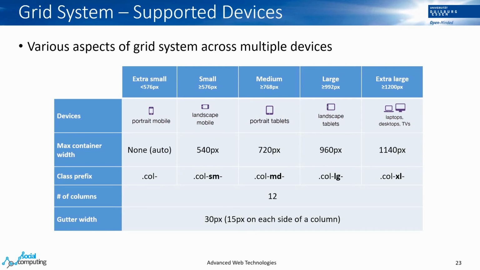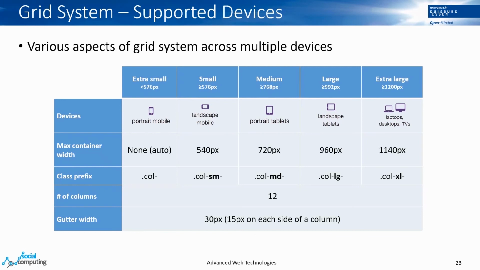Similarly, there are large devices, which can be tablets or landscape devices, which are more than 992 pixels and less than 1200 pixels. Then there are medium sized devices, and then small devices and extra small devices. And there is a fixed number of pixels available for you to generate content within them.